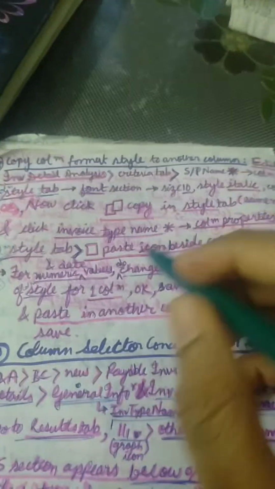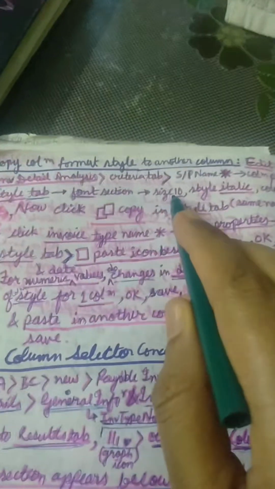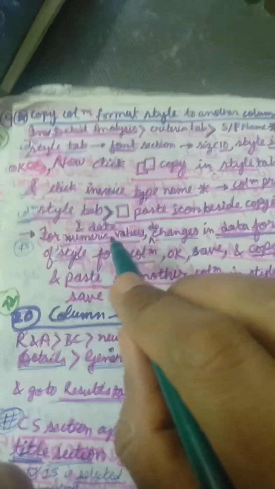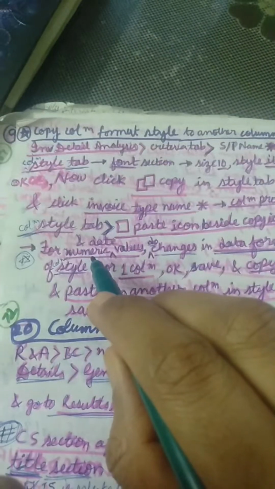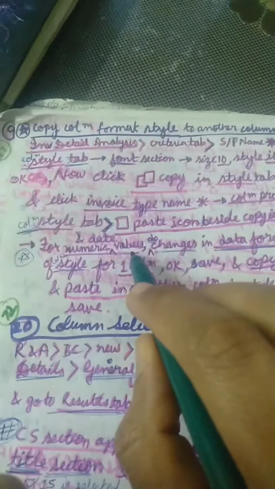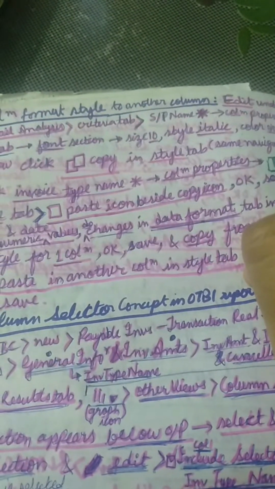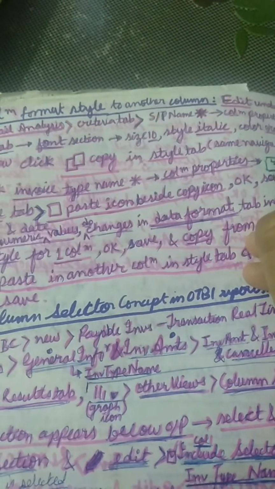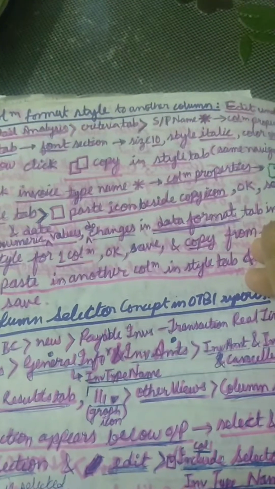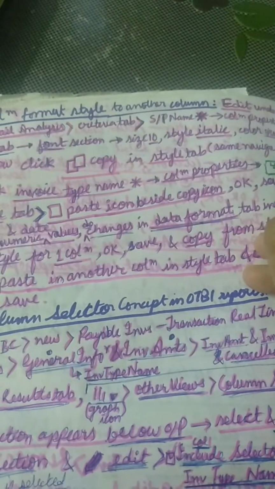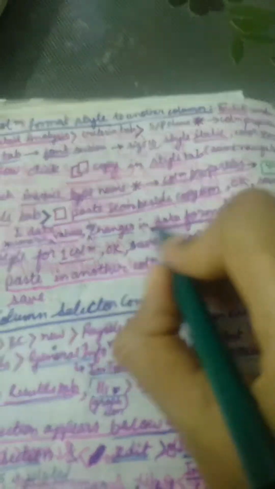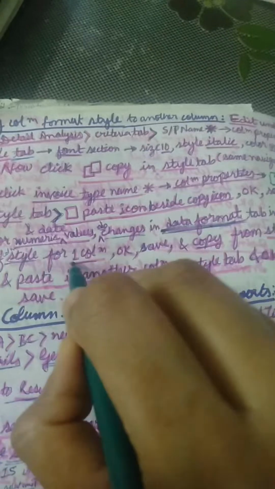Same thing, if instead of the styling of the column, like the size, style, or color, we want to make any changes for the numeric or date values, we go to the data format tab. Just like I said, we have column style, column format, then data format, then conditional format, and then interaction. In the data format tab, go and change the styling for one column.